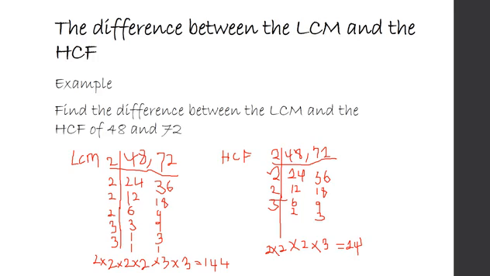Now the question says the difference between the LCM and the HCF. What it simply means is 144 minus 24.